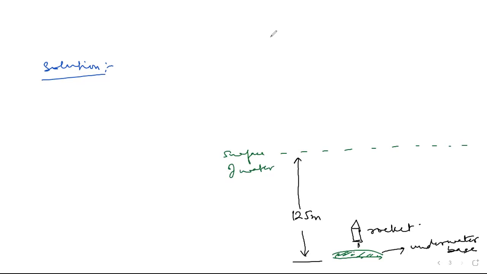Now here we have water. Right? We have water here. Then it is said it moves vertically upward with an unknown but assumed constant acceleration. So it is given that this rocket underwater moves with constant acceleration.